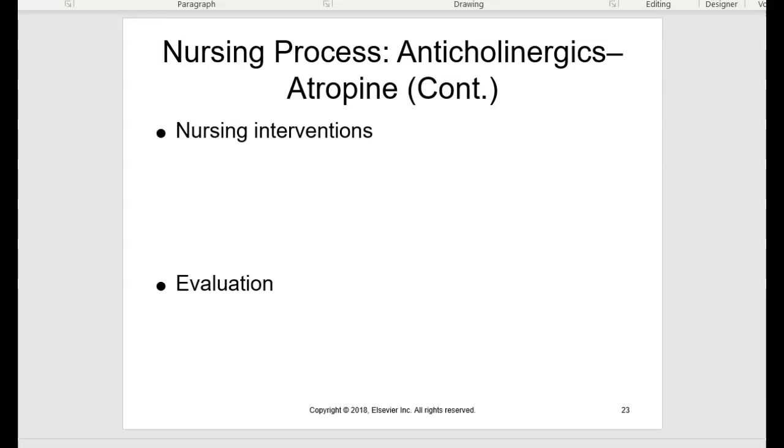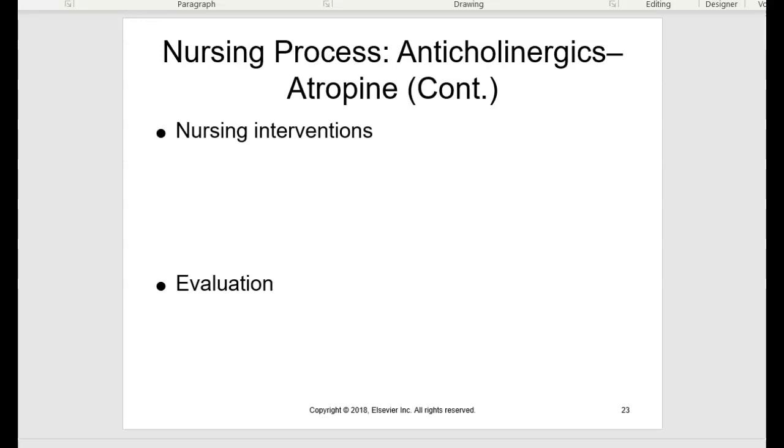So maybe we have IBS, maybe I have a lot of cramping going on. The provider may prescribe an anticholinergic such as dicyclomine or hyoscyamine, which help relax those muscles and slow down the peristalsis to give me some relief from that cramping.